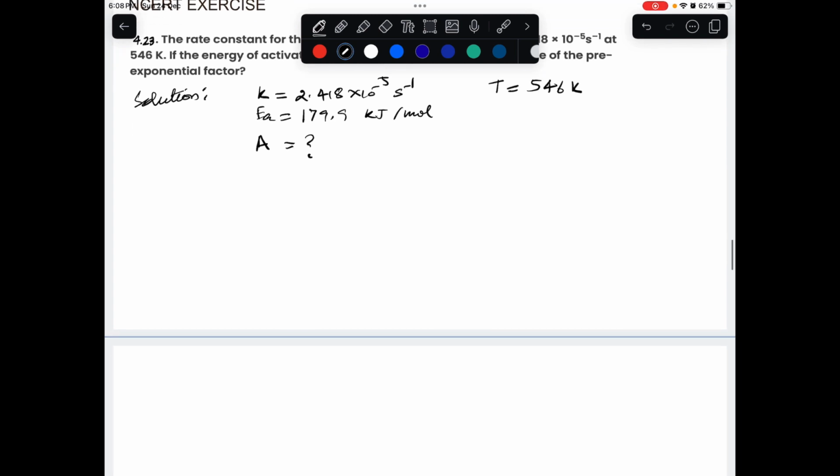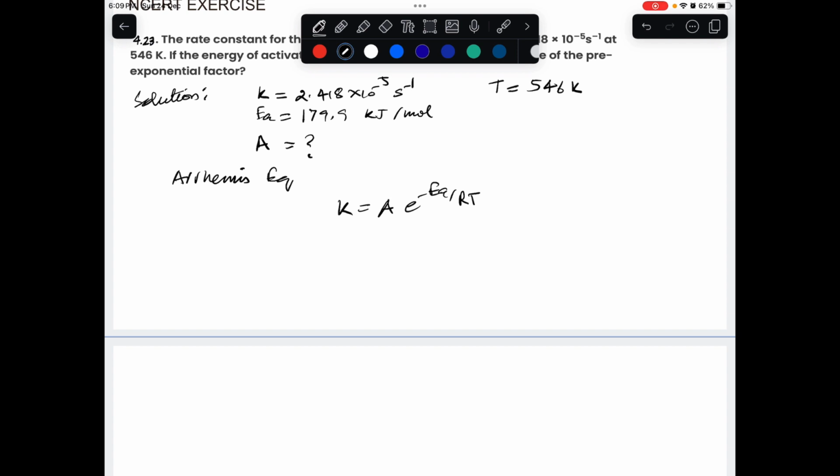In the Arrhenius equation, the constant A is called the pre-exponential factor. So what is this A and how are we going to calculate it? According to the Arrhenius equation, the rate constant is equal to A, that is the pre-exponential factor, e to the power minus EA over RT, where EA is the energy of activation, R is the gas constant, and T is the temperature.